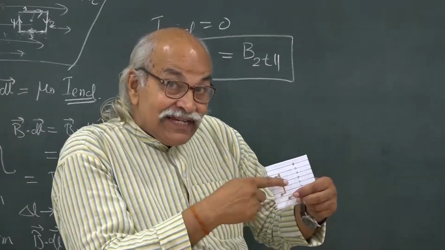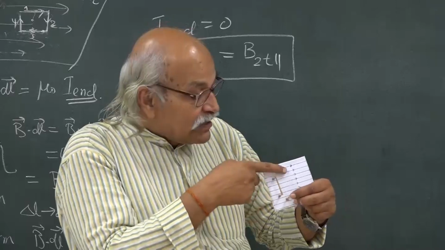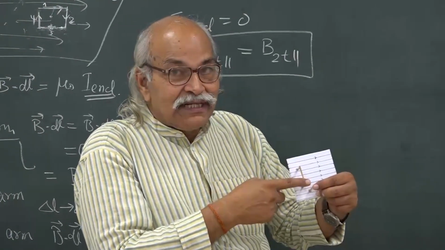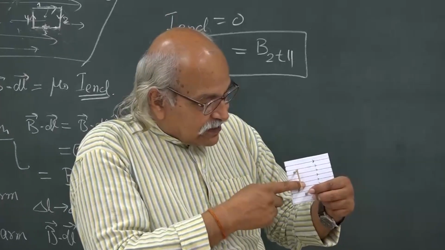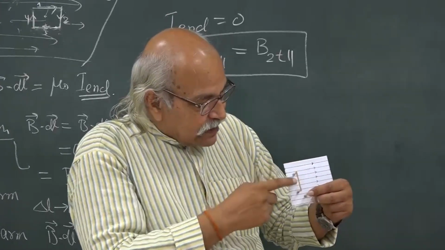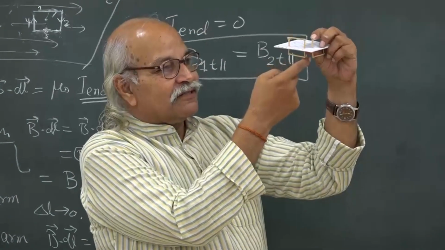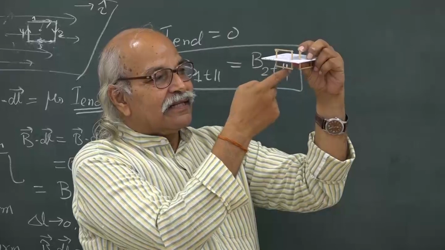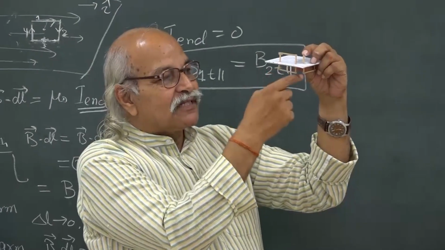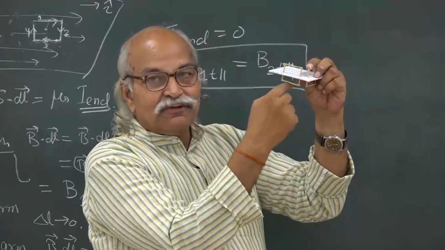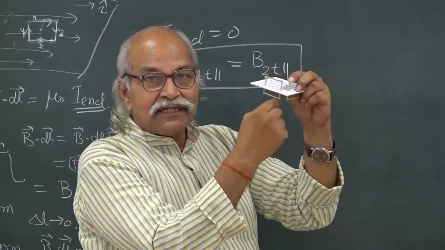So, it is tangential direction, but perpendicular to the current, and in this direction I have drawn a line parallel to the surface, perpendicular to the current, above the surface, and similarly below the surface. Once again it is tangential, but the current is going this way, and therefore it is perpendicular to the current.